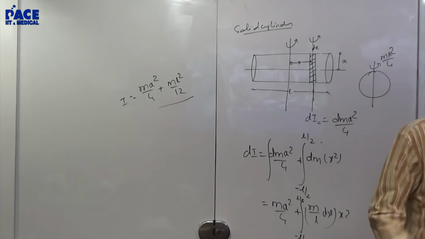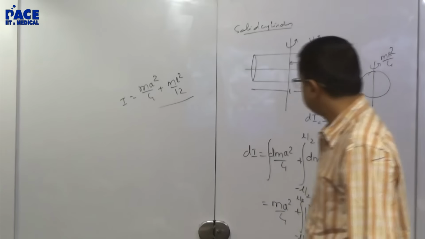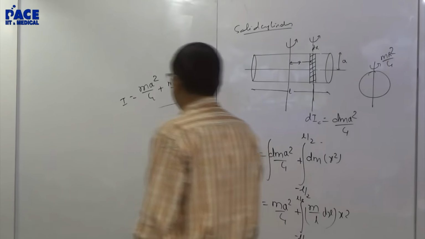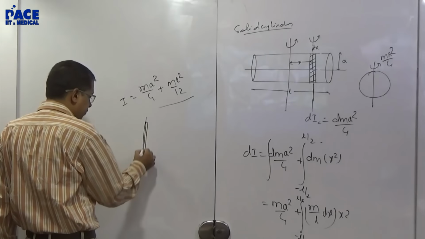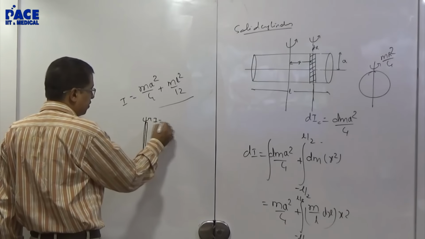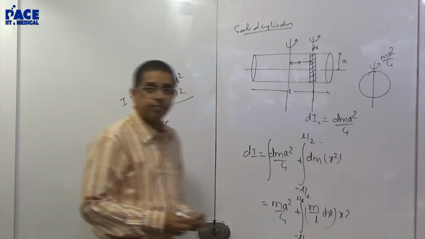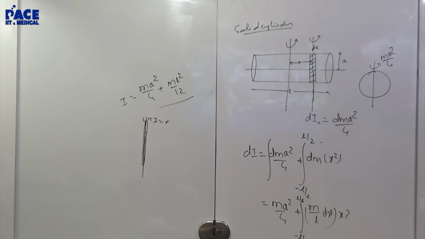Excuse me, sir. Sir, in the previous question, mass is also getting distributed. In the case of the strip, mass is getting distributed, right? For a thin rod or a strip, about this axis, the moment of inertia is 0. The whole of the mass is along the axis. A strip will be a thin rod.